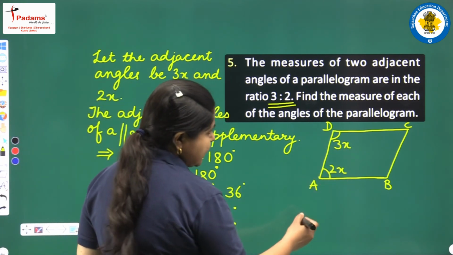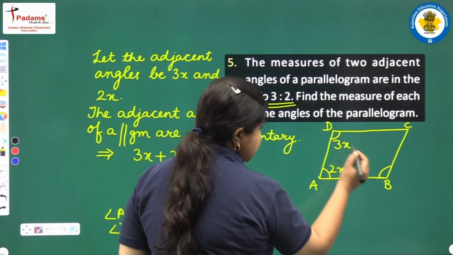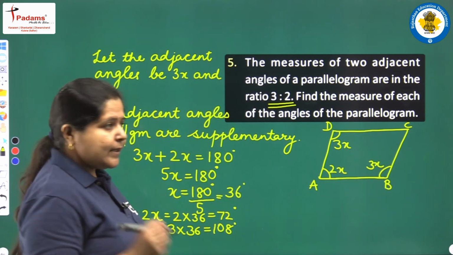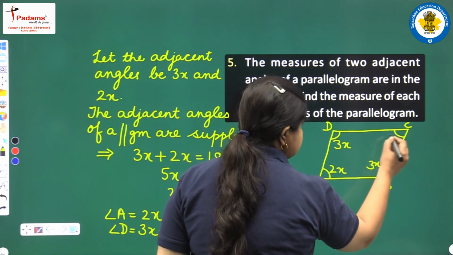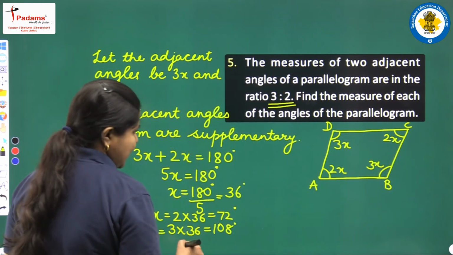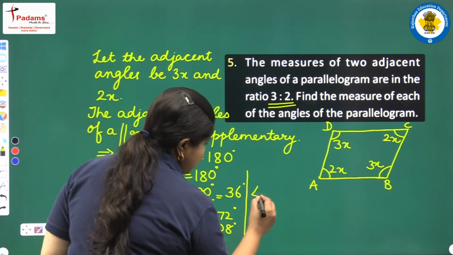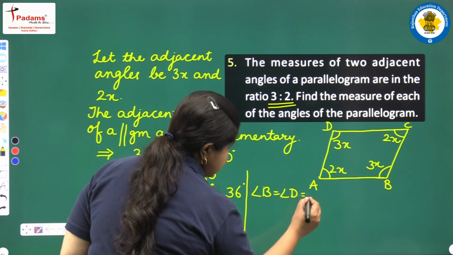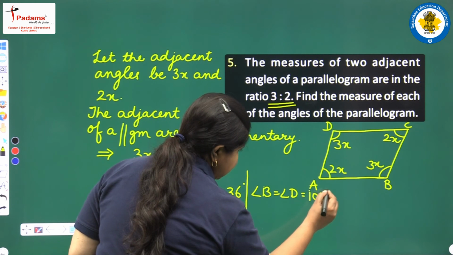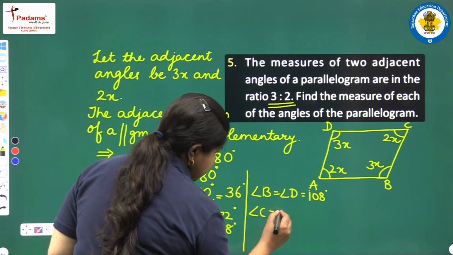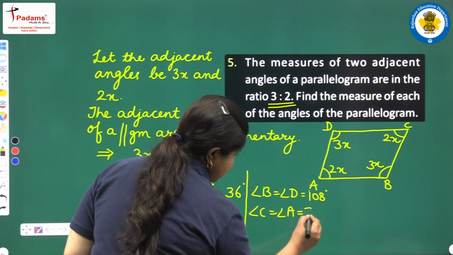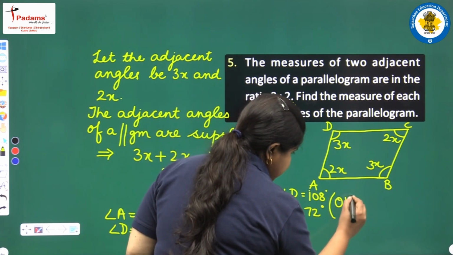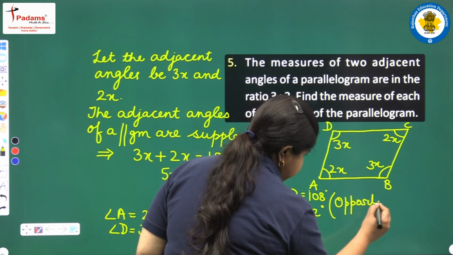Now the remaining two angles, you can see, if this is 3x, then this will be 3x, since the opposite angles are equal, and this is 2x, then this will again be equal to 2x. So, angle B is equal to angle D equal to 108 degree, and angle C equal to angle A equal to 72 degree by opposite angle property.